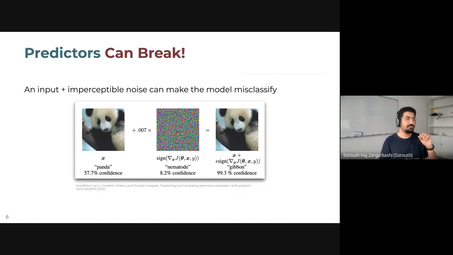But now, another interesting thing is that the predictions can break easily. So assume that you have a predictor, a model, and now I have an image of a panda, and I gave this image to the model, and I received the label panda with 57% confidence.